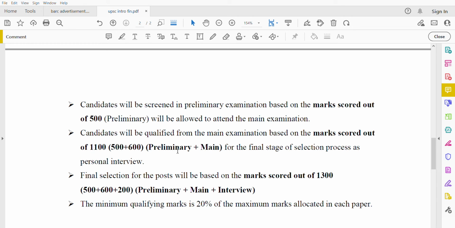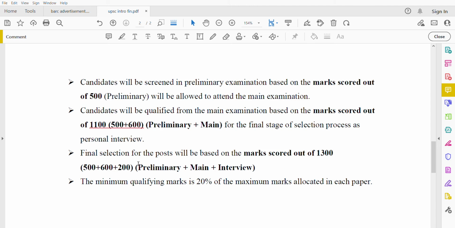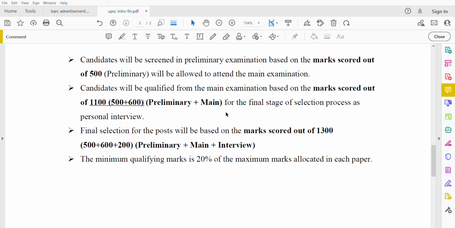After the main examination, they will calculate the marks out of 1100, that is preliminary plus main. Out of 1100, they will publish the cutoff, and they will publish the registration numbers selected for the interview.